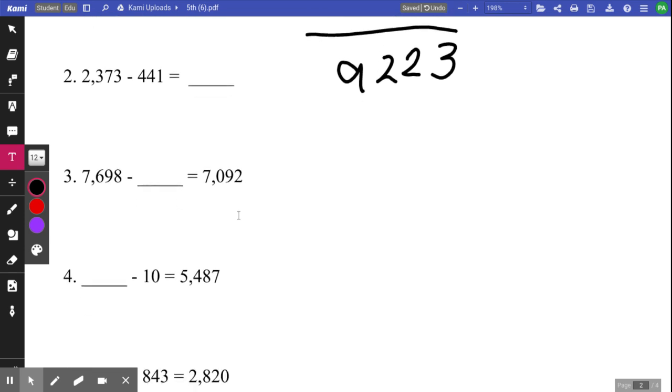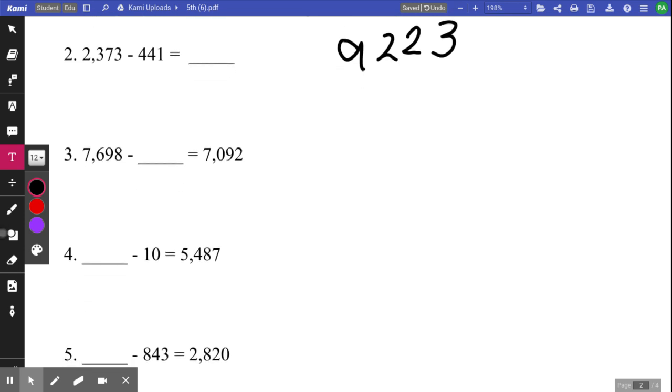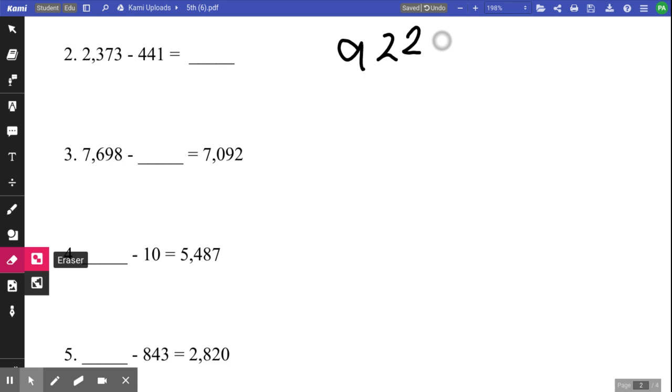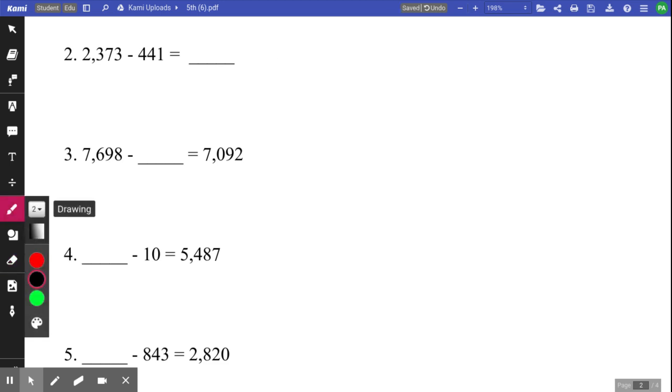However, for example, let's do number 3. We don't know what this is, but we have the answer. So how do we get this x? Once again, all you have to do is subtract this to here.